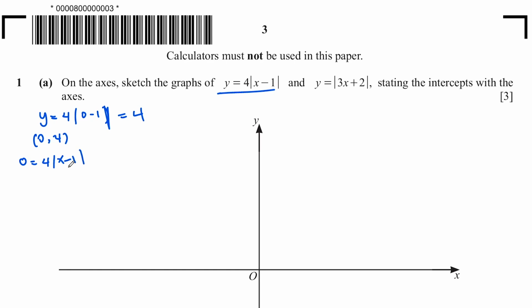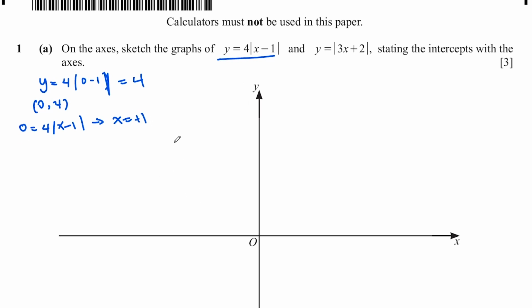So then removing the modulus, we get x to be equals to positive 1, right? Positive 1. So obviously when you're doing this on your exam, use a ruler. But for now, I'm just going to sketch using as straight as possible freehand, right? So here will be a positive 1 and here will be a 4, right?